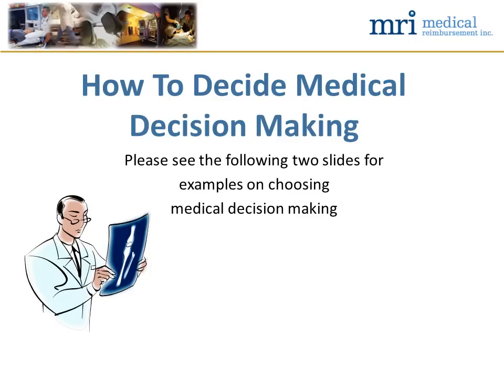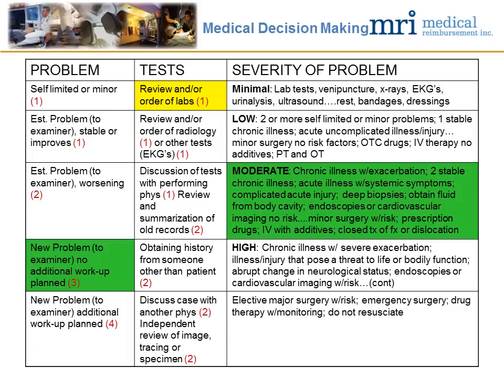How to decide the medical decision making? You would simply take your table, and in this example you will see, even though all 3 columns have something highlighted in them, you only need to have 2 of the 3. Column 1, your problem column, in this example gives you a total of 3 points. Column 2, for test, gives you a total of 1 point.